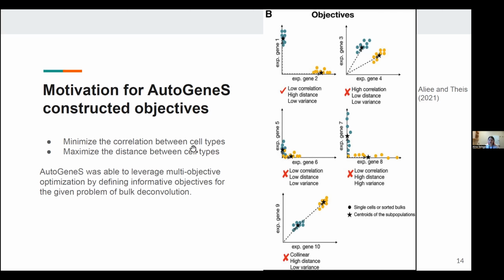So they only focus on these two objectives in their optimization procedure. And they instead just filtered out genes with high variance before that. This again just demonstrates that even in this case, when they were able to come up with these well-defined informative objectives, we could still include more objectives, but we don't really know which ones are going to give you better performance. And one could venture a guess that this gave them better performance, but who knows?